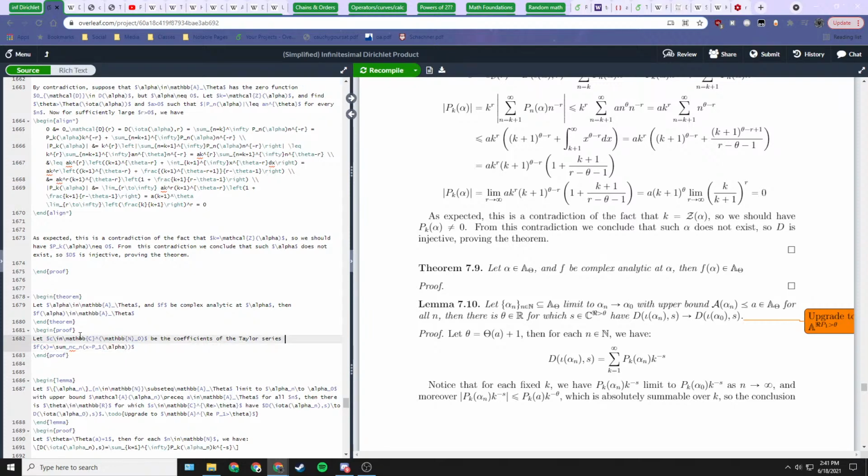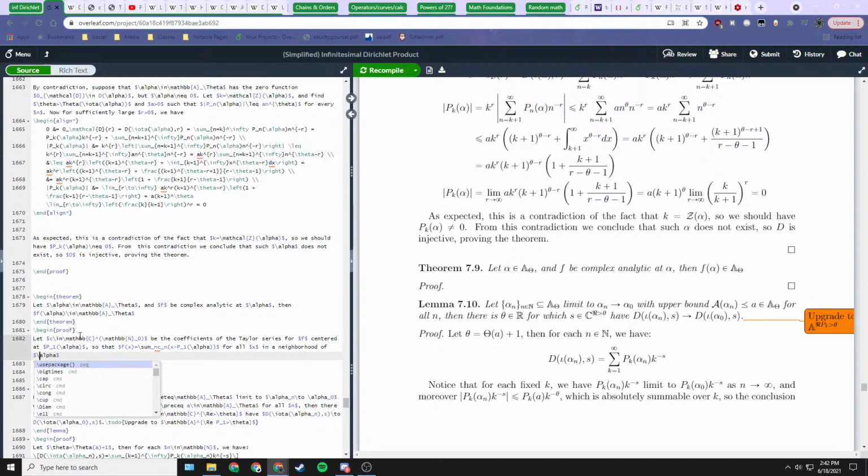The Taylor series for f centered at p1 of alpha, so that f of x equals this for all x in a neighborhood of alpha.